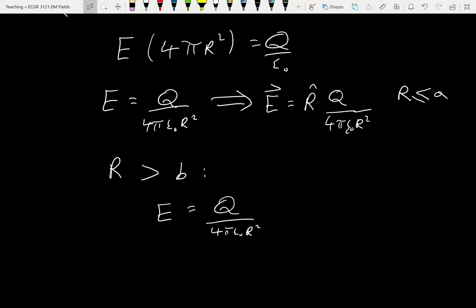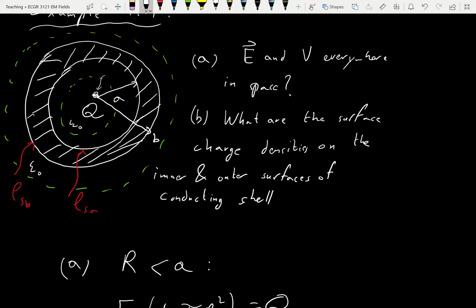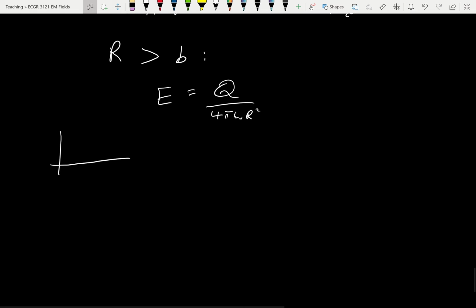Okay. So when I plot E, the third thing we can say is that E, of course, inside the conductor is zero. Right? We know that. So if I plot E with respect to R, I have A and B. When R is less than A, I have the regular inverse squared law, and then the E goes to zero inside the conductor, remains at zero, and then goes up, and then goes down again.